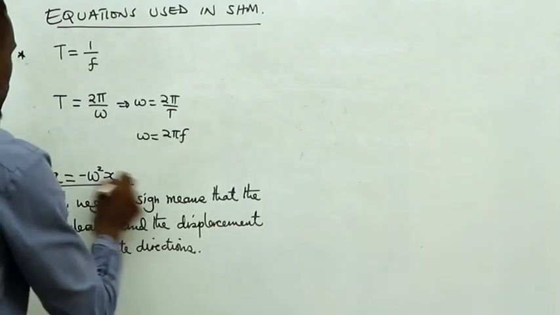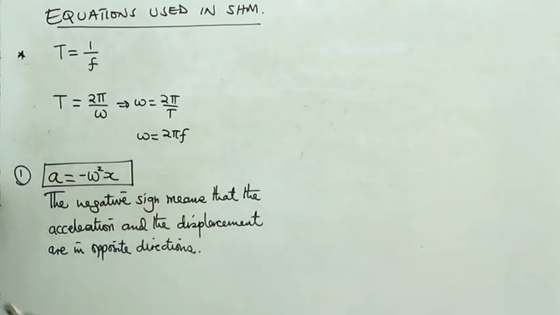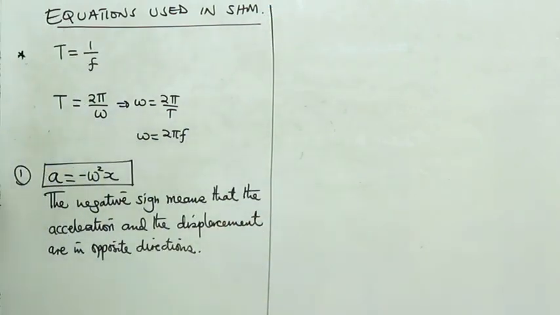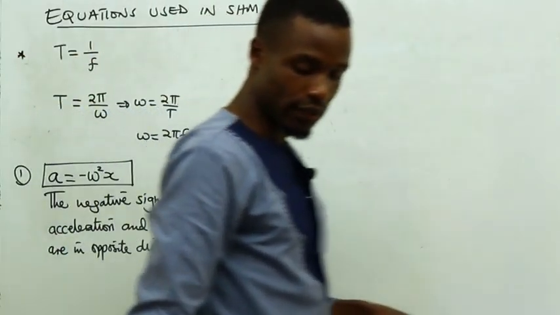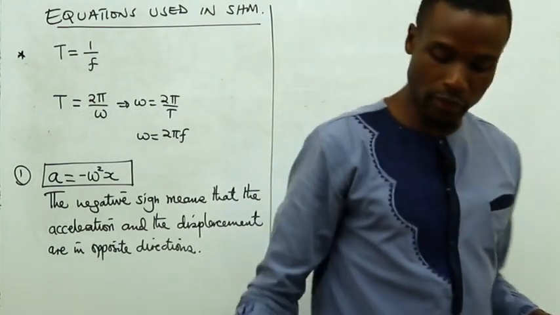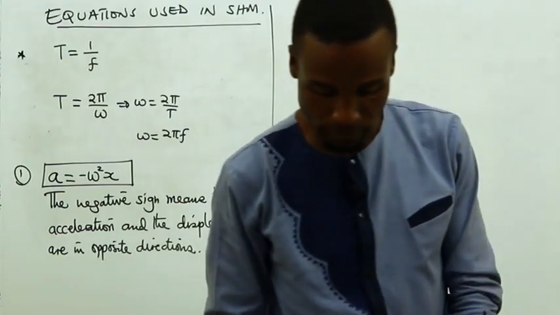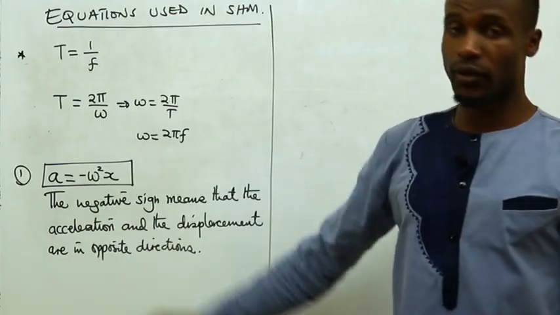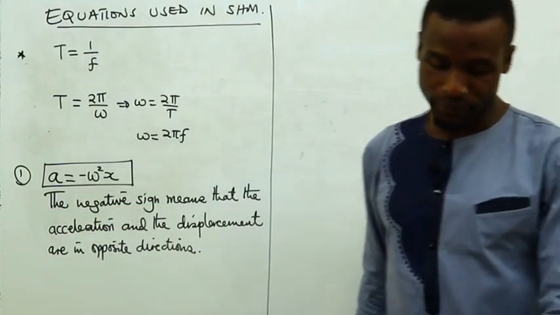Please, this is the most important equation. Any equation that is in this form tells us that the motion of that body is executing simple harmonic motion. We said omega is the angular frequency.